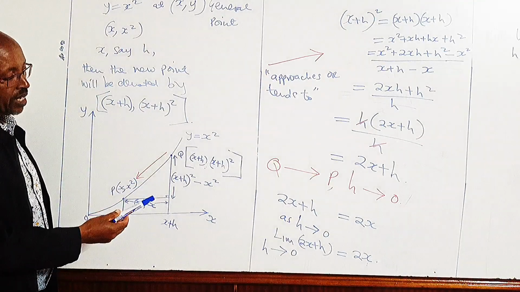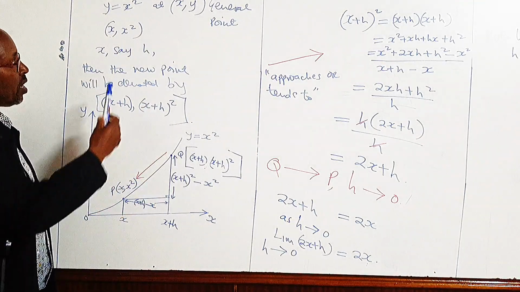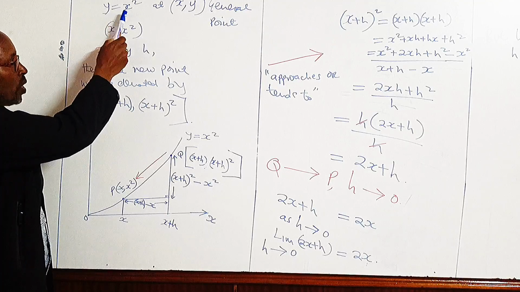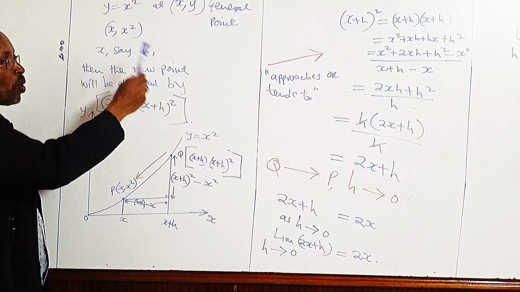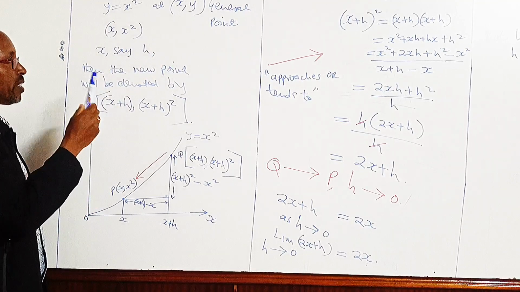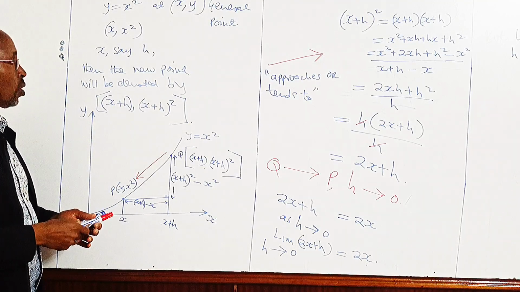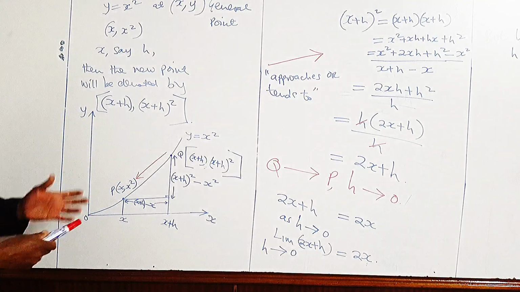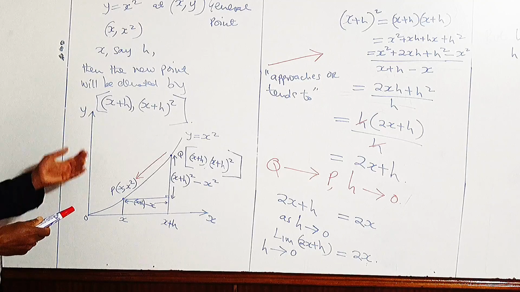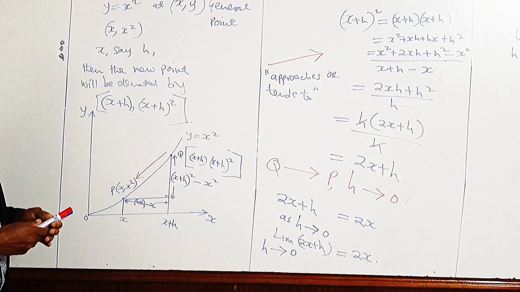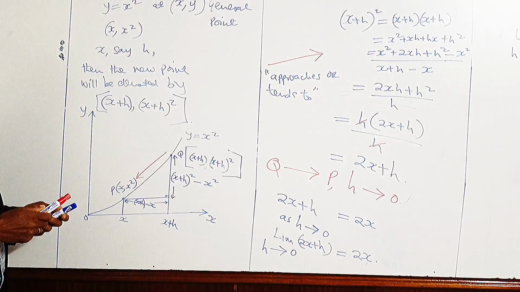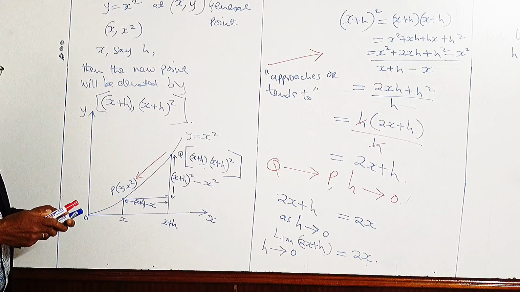To conclude, the gradient of the curve y equals x squared at any general point x, y is given by 2x, which means the gradient function of y equals x squared at any general point is given by 2x.